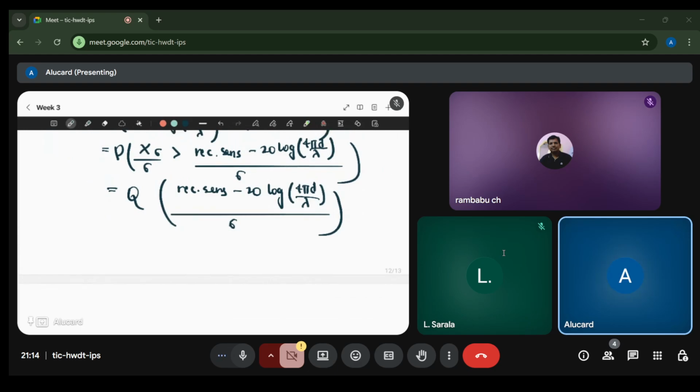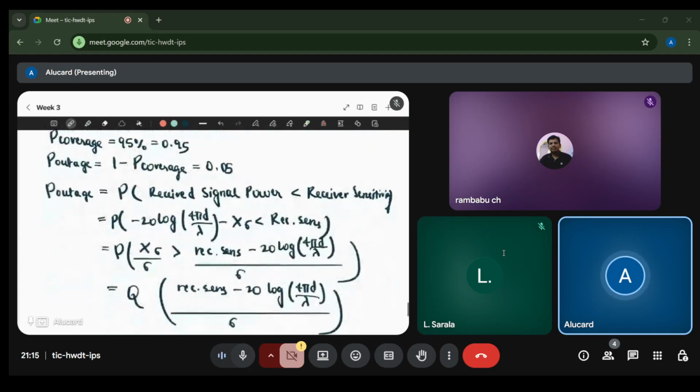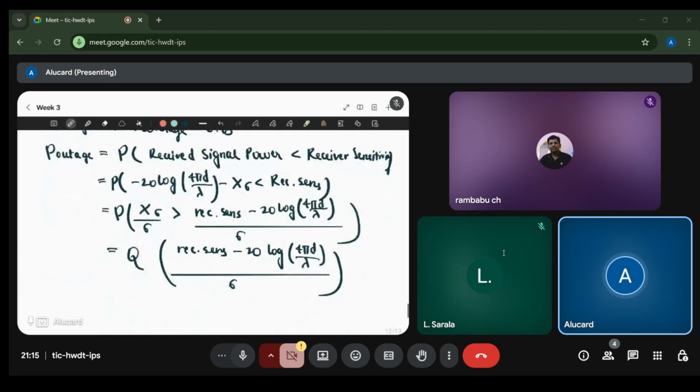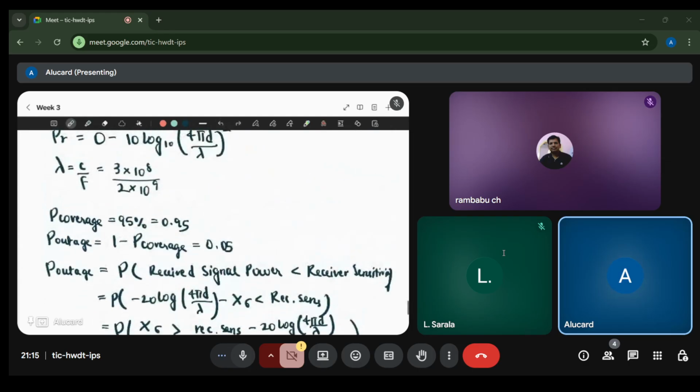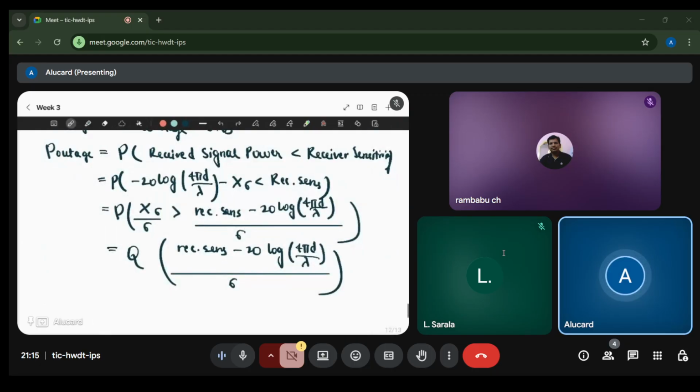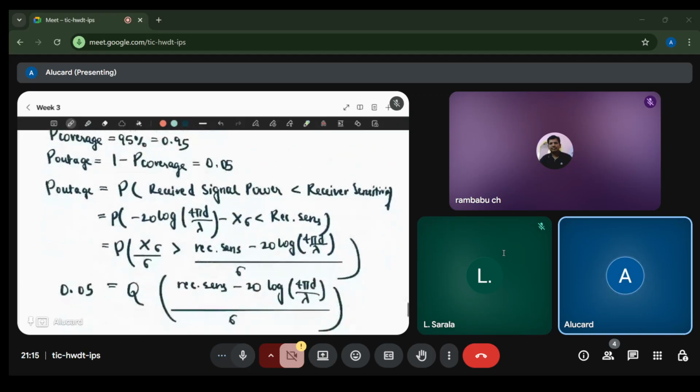So actually, what we want is the distance. So we can't find the value of Q of this. What we want is P outage should be 0.05 because P coverage was 0.95.